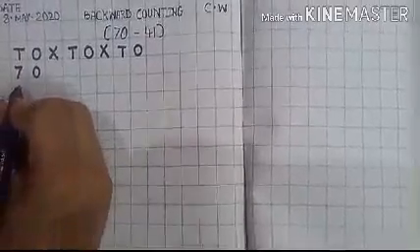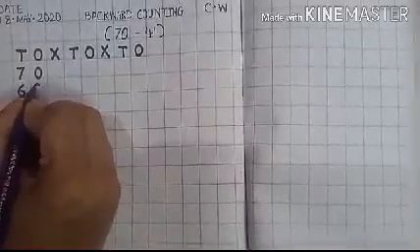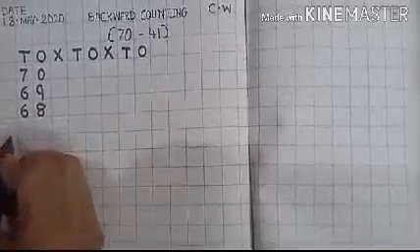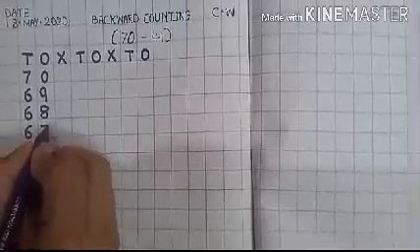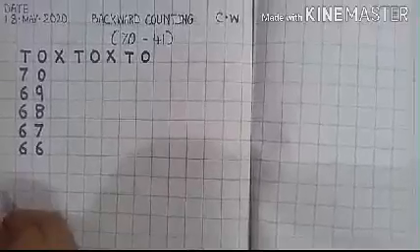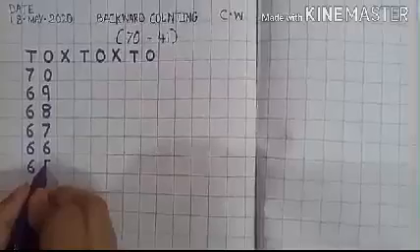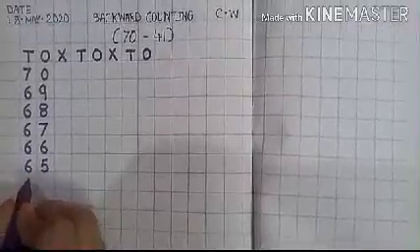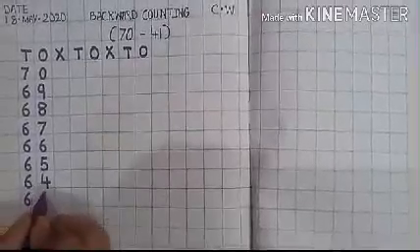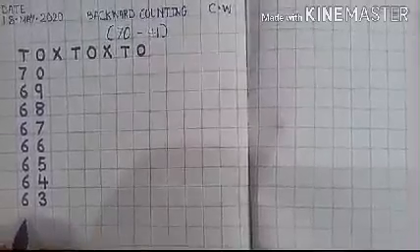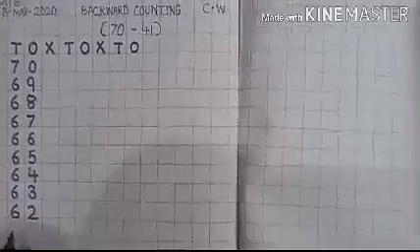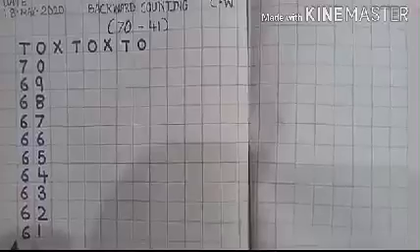Then 69, 68, 67, 66, below that 65, 64, 63, below that 62, then 61. Now come to the next line.